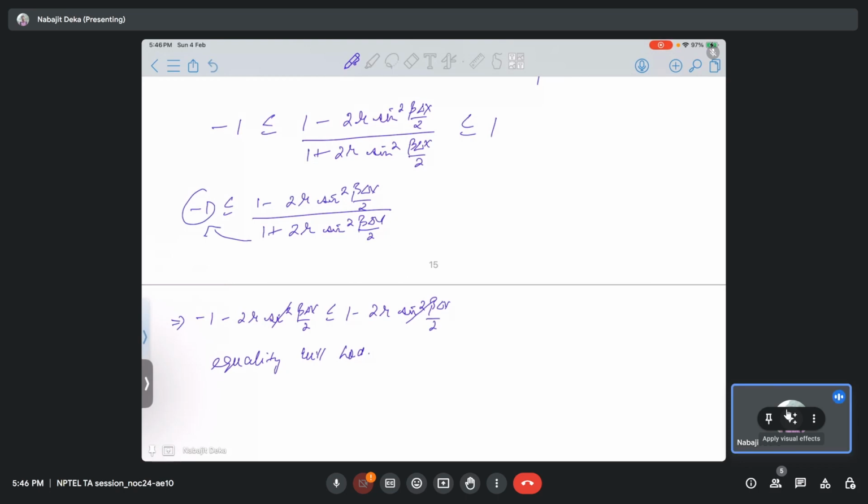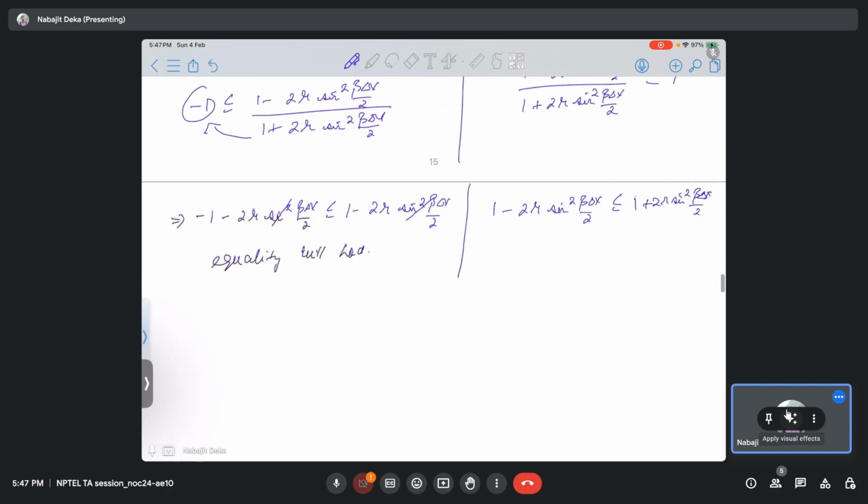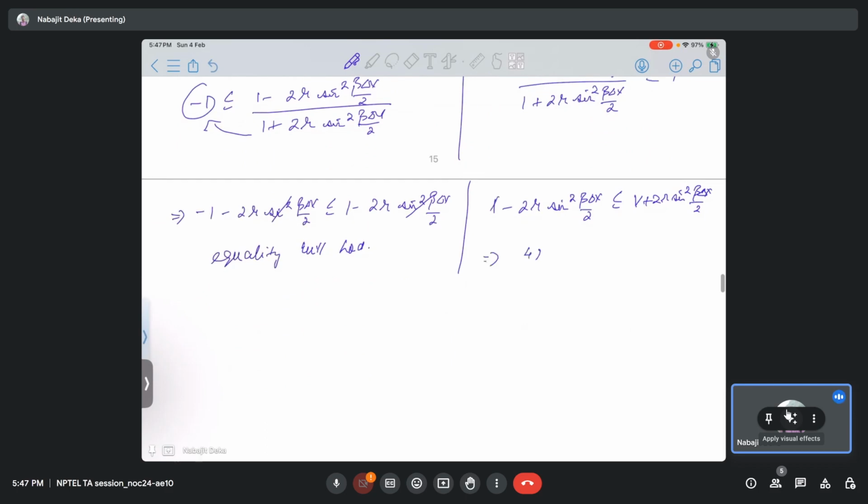Then if we take the right inequality, this will give us 4r sine square beta delta x by 2.